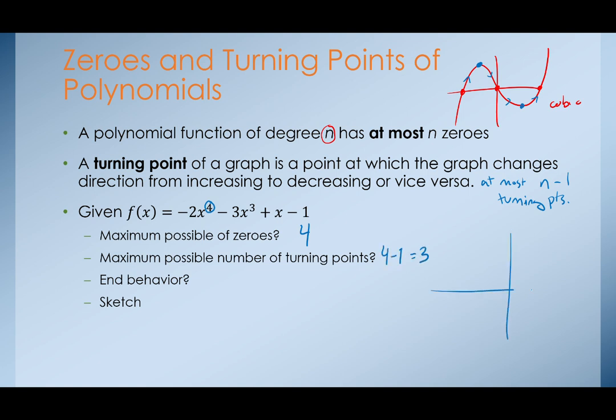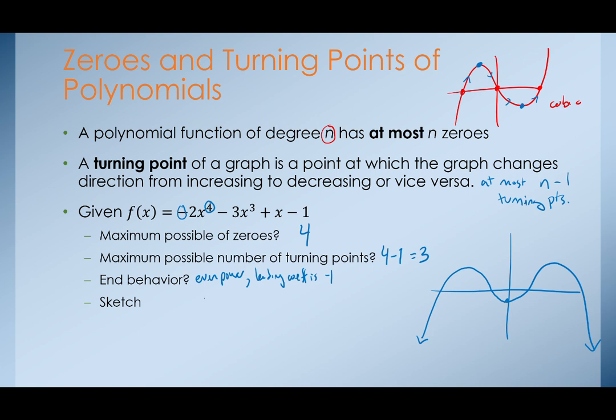So we might expect that this graph looks kind of like that. We won't know until we graph it. And why did I make this point downwards with both ends going in the same direction? Because it is an even power, and our leading coefficient is negative, so it's been reflected.